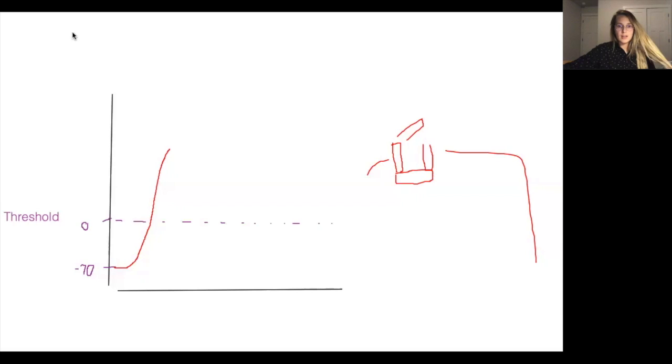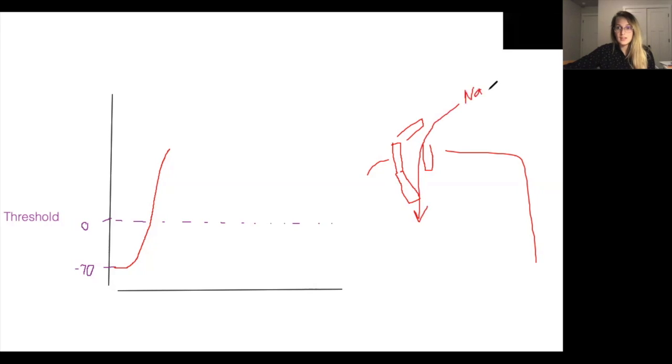When it hits threshold, our sodium voltage gated channel is going to flip open. It's good to know that when it's at RMP, the bottom is already open. I drew it wrong. So when it's resting down here at -70 mV, this inactivation gate is already open. When it hits threshold, this top part flips open super fast, and sodium starts rushing inside of the cell membrane, making the inside more positive.